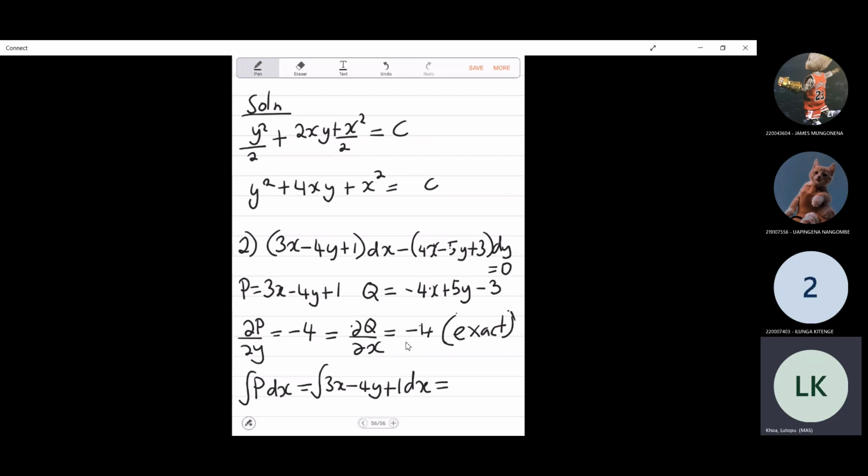This is 3x squared over 2 minus 4xy plus x, and then plus, let me just take it to the next page.